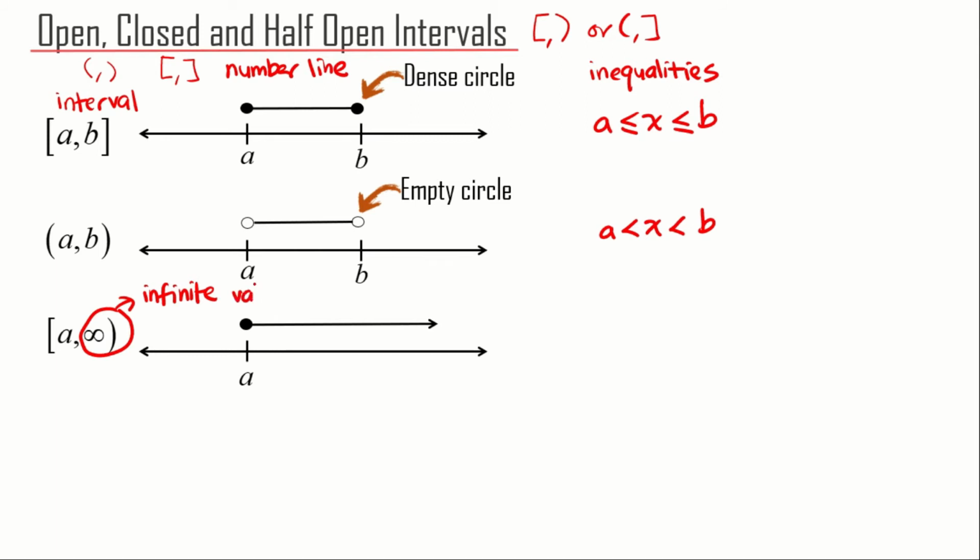So we always represent infinity with a round bracket right here. As for the inequality symbol, we have x is greater than or equal to A. So basically your values of x are over here.